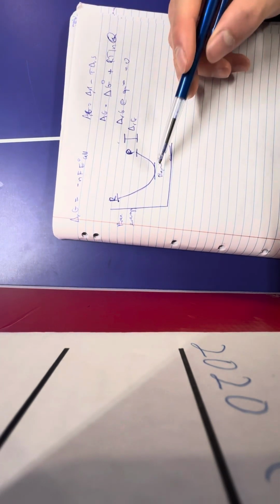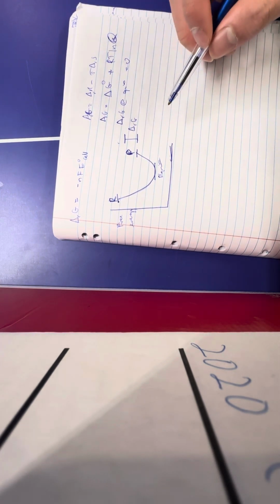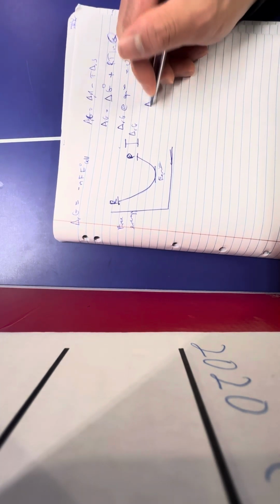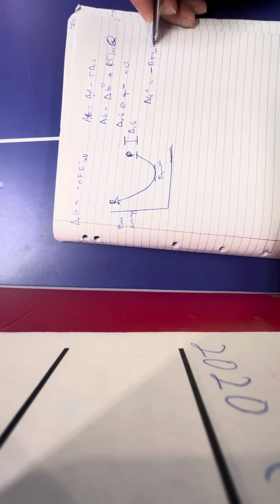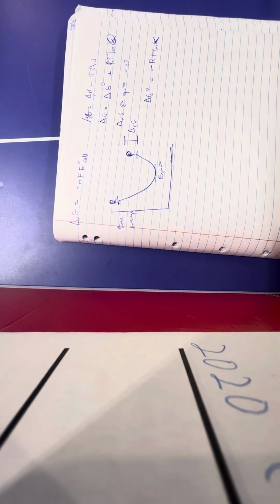But at equilibrium, delta RG will be 0. Because there's no net, it's not spontaneous, but it's not non-spontaneous either. So it's like in between. So rate of forward is equal to rate of reverse reaction. So therefore delta G naught is equal to minus RT ln K. There we go. T is temperature, R is gas constant, K is equilibrium constant, and this is delta G, Gibbs free energy.